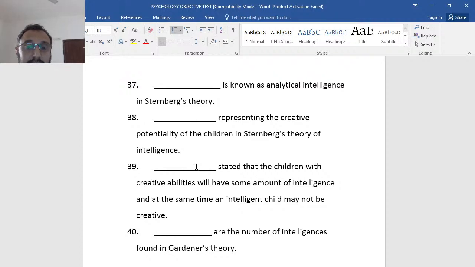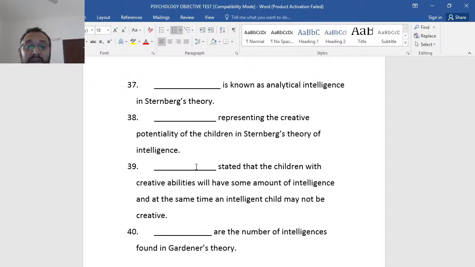In his research work, he found that a gifted child may not be creative, but a creative child will have some amount of giftedness, some amount of intelligence. This is the outcome of his research.